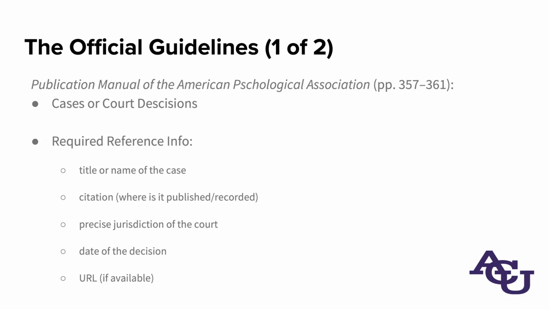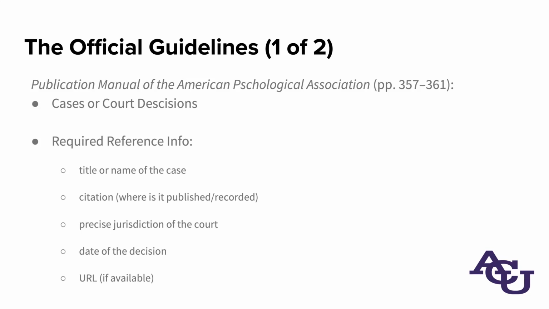Then there is the precise jurisdiction of the court. That would be, for example, the U.S. Supreme Court has jurisdiction of the United States, the federal level. If it's a state court, we have different levels like the state Supreme Court, might be a state appellate court, might be a state trial court, and generally you would be going for the final decision unless you're specifically discussing some details of a decision leading up to the final one.